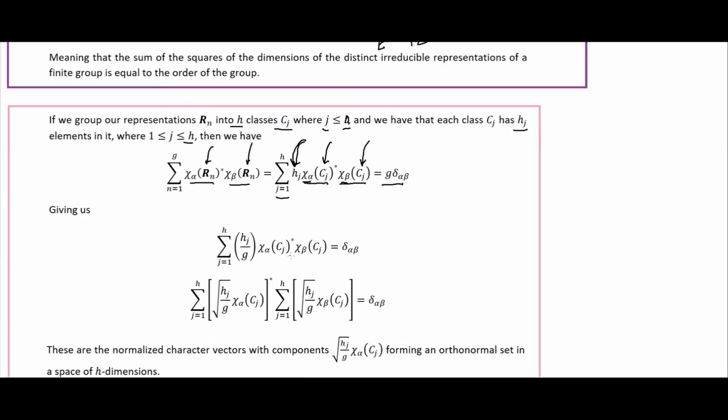And so that gives us this right here, where if we divide through by G on both sides here, this just equals the Kronecker delta. And so then we split this up into two different sums, and so we have to make that into these square roots right here, and we have our characters of the classes right there.